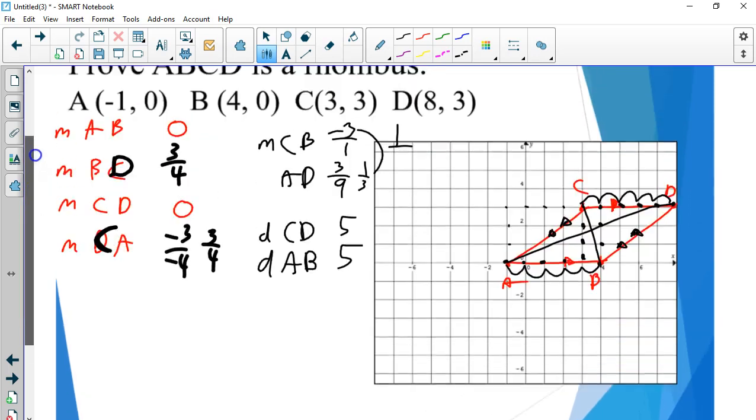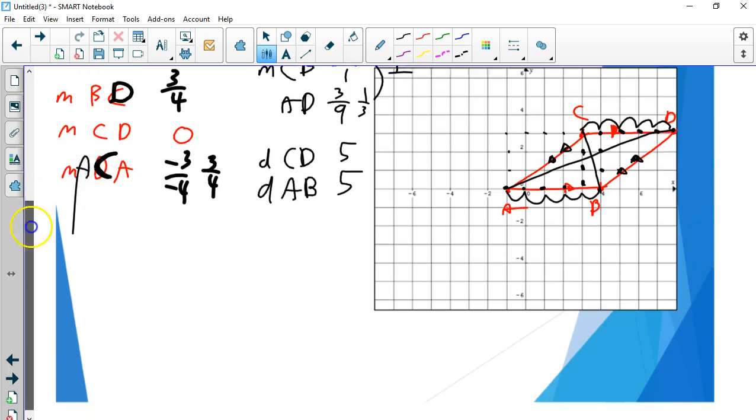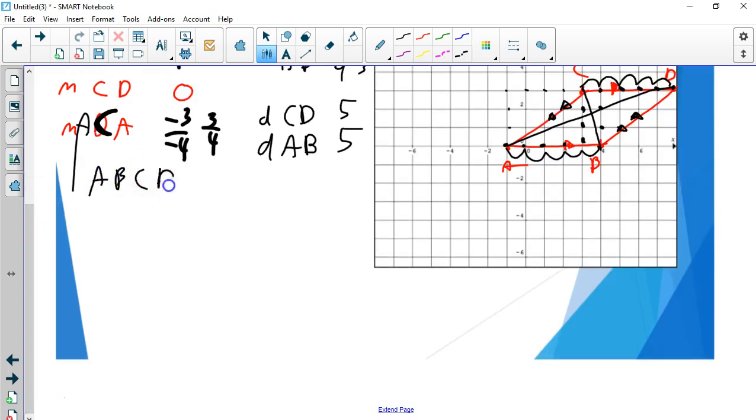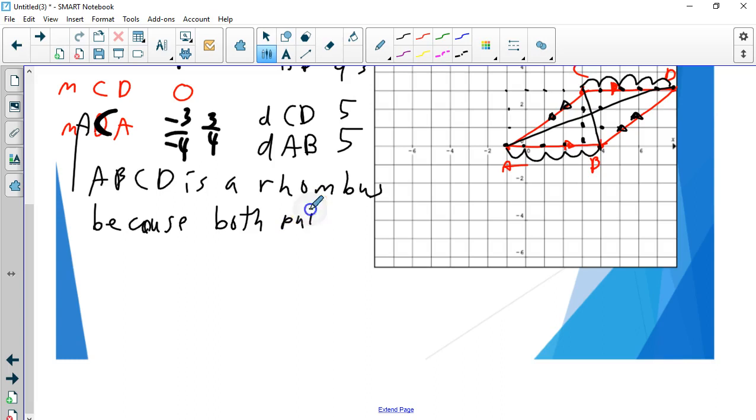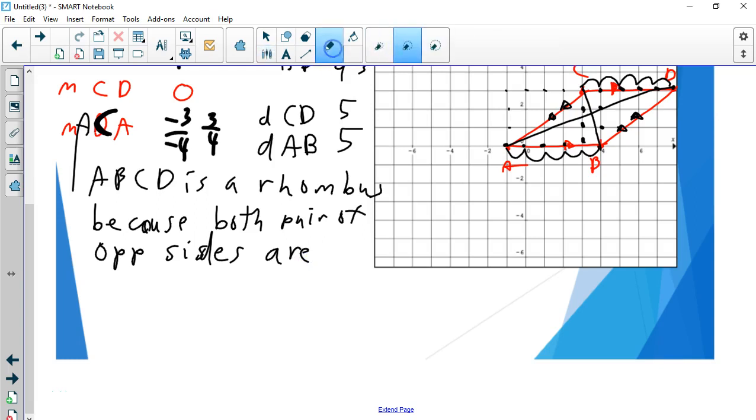So I can say that ABCD is a rhombus because, again, I proved both sets of opposite sides have the same slope.